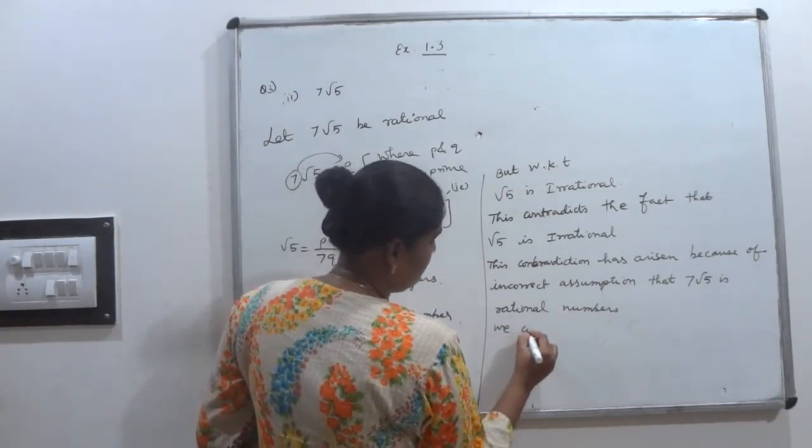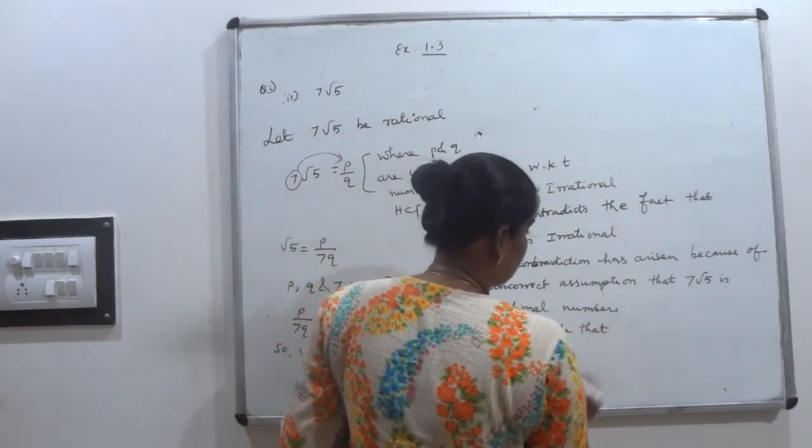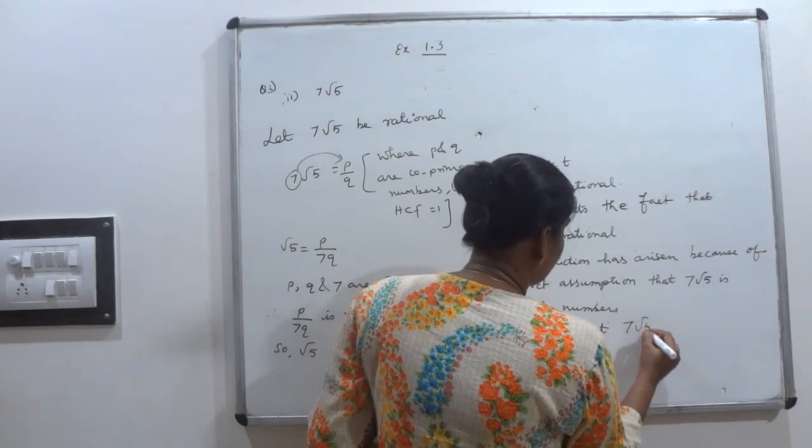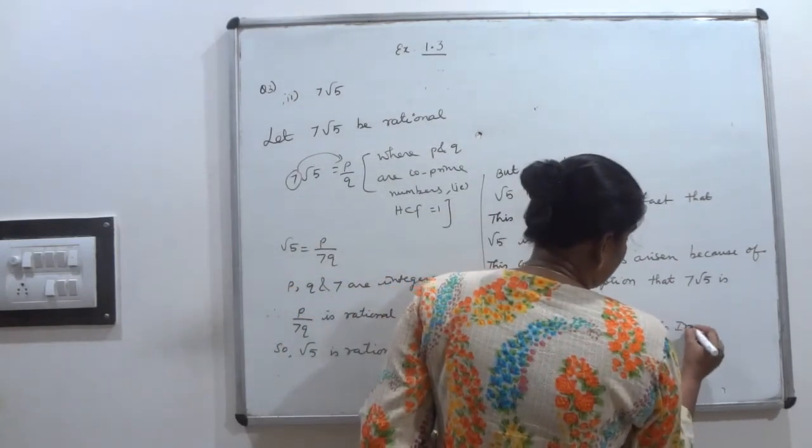So we conclude that root 5 is an irrational number.